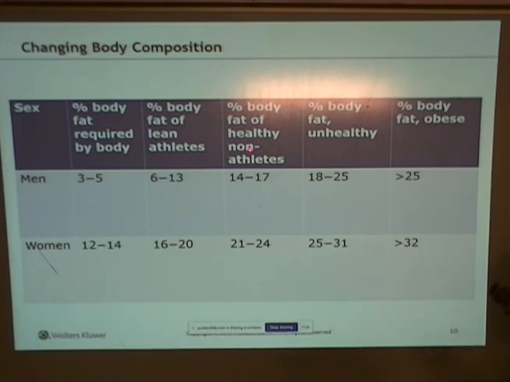Healthy adults who are not athletes but they're healthy, for males 14 to 17, for females 21 to 24, and then unhealthy, 18 to 25% for men, 25 to 31 for women, and anything higher than that would put you into an obese category, which is really unhealthy, as opposed to overweight and unhealthy.